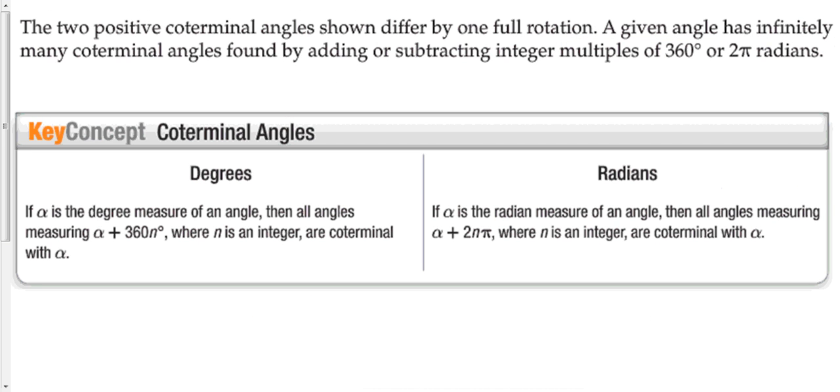So if I want to find coterminal angles, I take my initial angle and add 360 times a number, any number: 1 rotation, 2 rotations, 3 rotations, however many I want. Or if I want radians, alpha plus 2n pi, because 360 and 2 pi are once around the circle in degrees or radians.